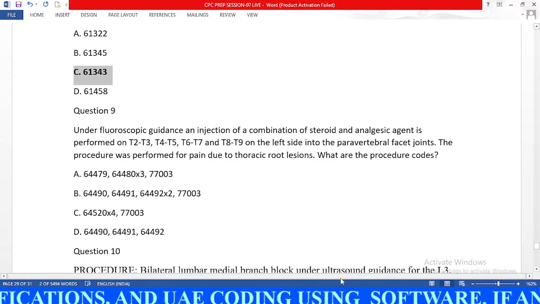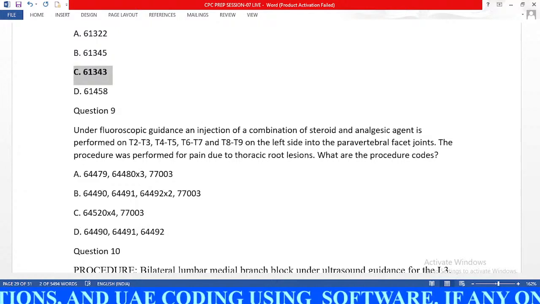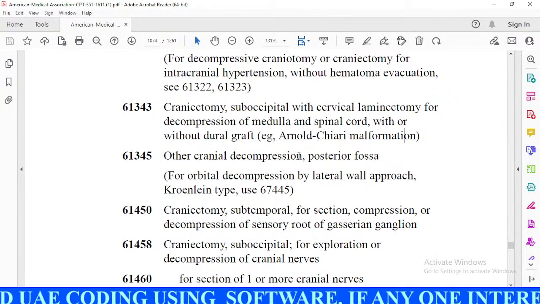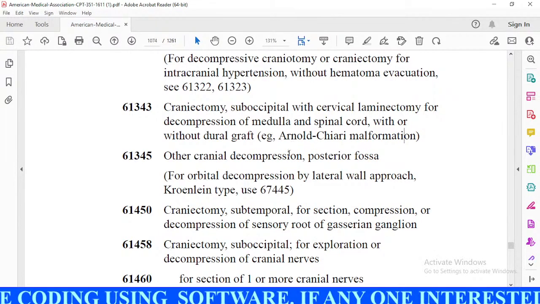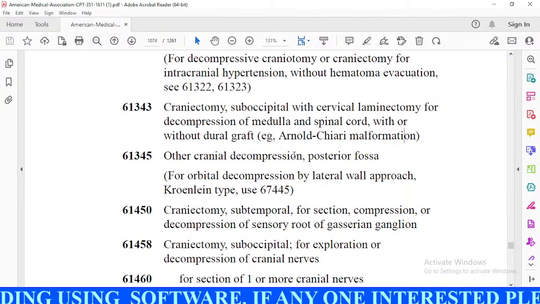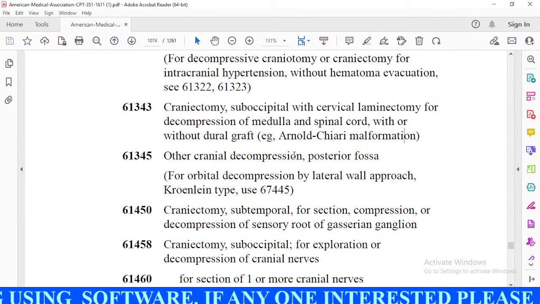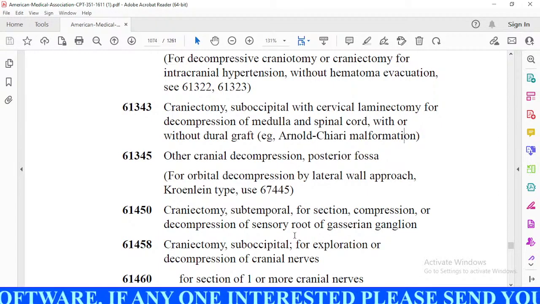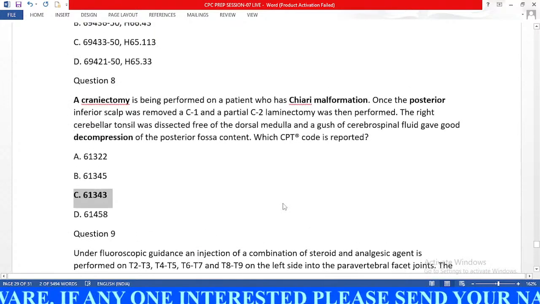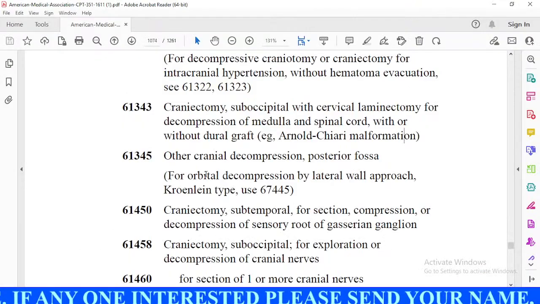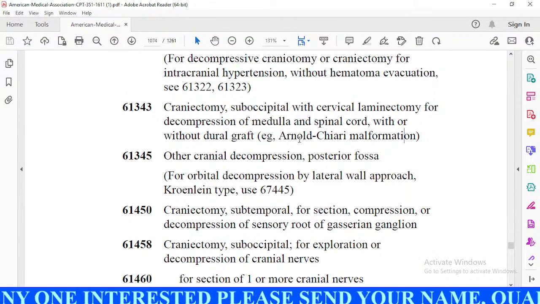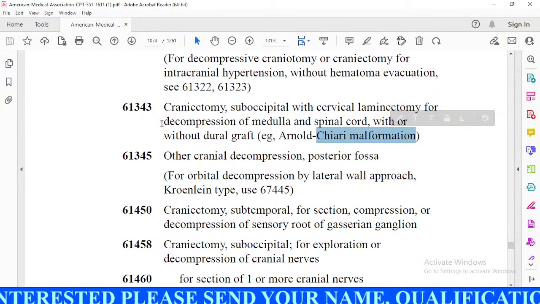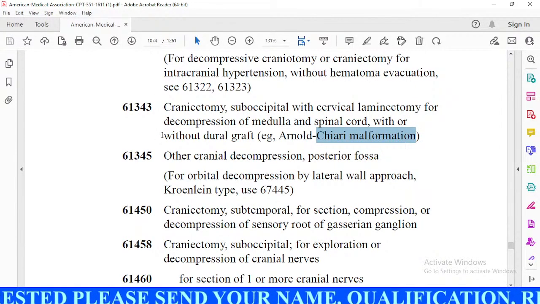So you are asking why 61345 is wrong. Here there is no mention of Chiari malformation. As I told you before, based on the ICD-10 CM diagnosis also we can code the CPT procedure. Our patient has Chiari malformation and 64313 is also having Chiari malformation. So we need to select 61343 for the CPT code.